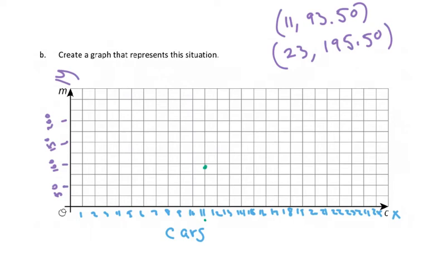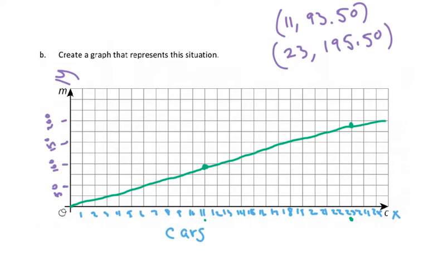So I'm going to estimate my point is about there. And then I have to go over to 23, which is right here, and go up to 195.50, which is almost 200, right there. And then I get to draw my line. And I know this is not going to go perfectly. Let's see, guys. Oh, actually, that was pretty good. I hope yours is straighter than mine, though. And that's how the graph would look.